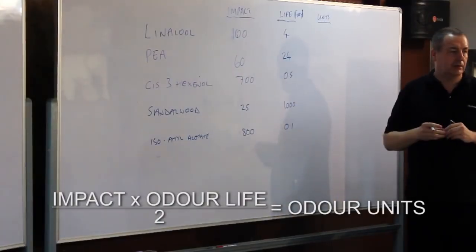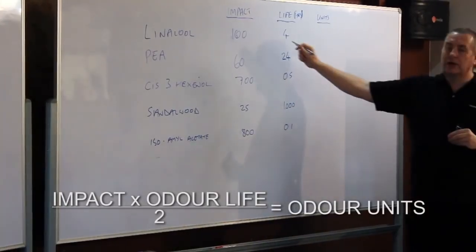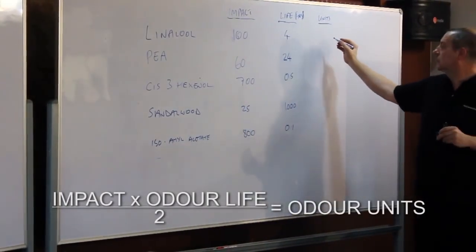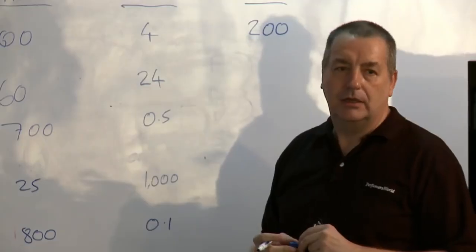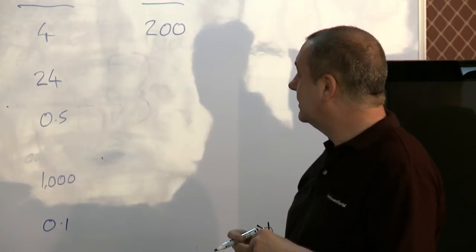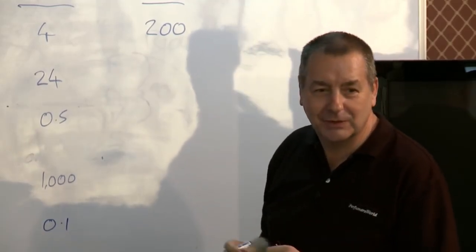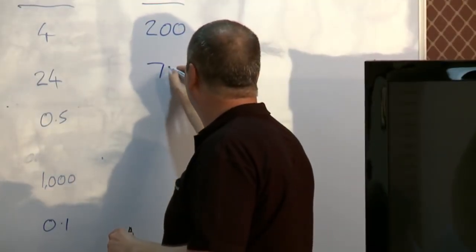So how many odor units have we got? Linalool: 100 times 4 divided by 2, 200. Phenyl ethyl alcohol, 60 by 720, is that divided by 2 already?